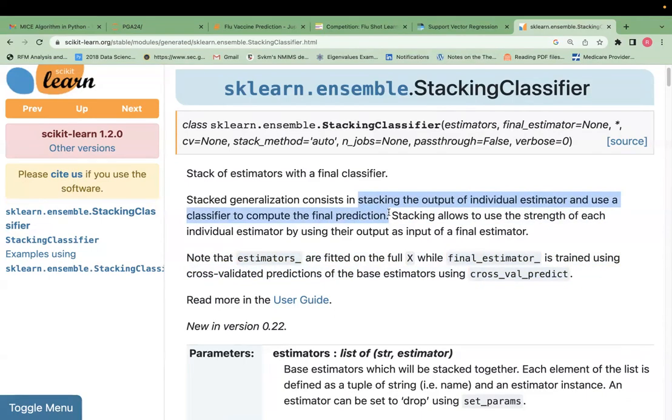So all the models will be built, all the accuracies taken and compared, and whichever model has the highest accuracy will be your best fit model used for prediction. In this case, logistic regression is the best fit model. So stacking is where you build multiple models in one single function, and then you get the best fit model. So just read the documentation.